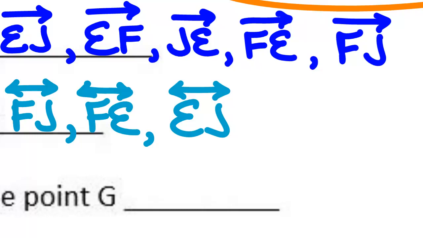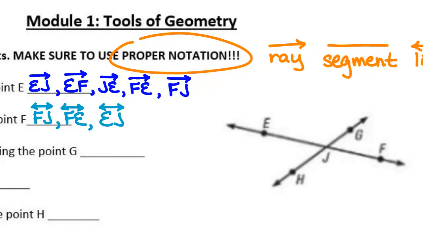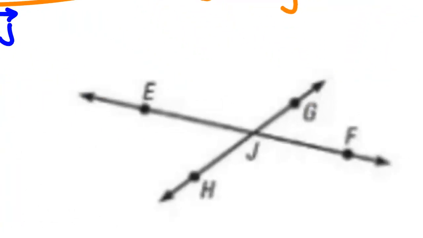With rays, that's not true. When I flip the letters around, it is a different ray. But with lines, because it continues on in both directions forever and ever, it does not matter if I flip those letters around. So EJ would contain point F because it continues forever in both directions, which means as it continues on in this direction, it is going to intersect with point F.